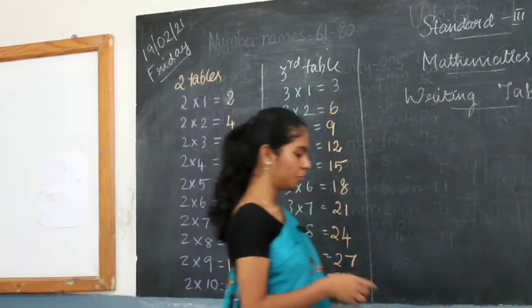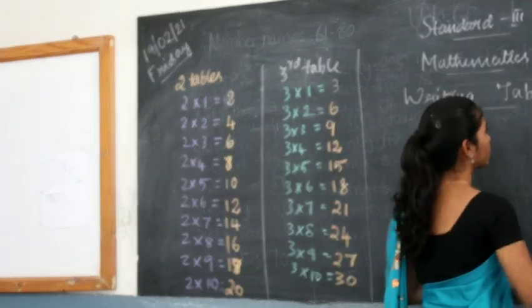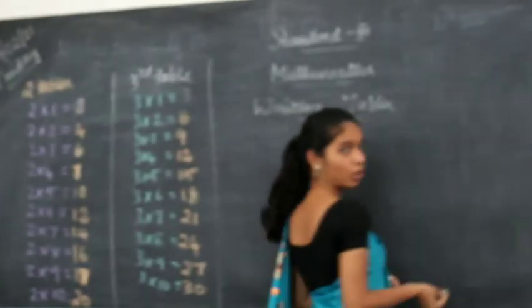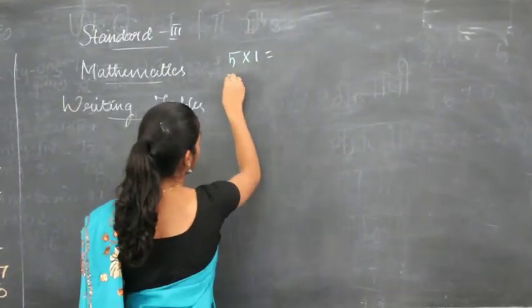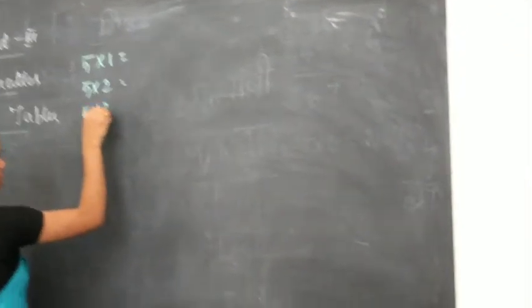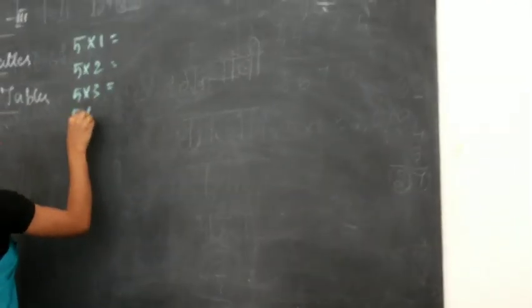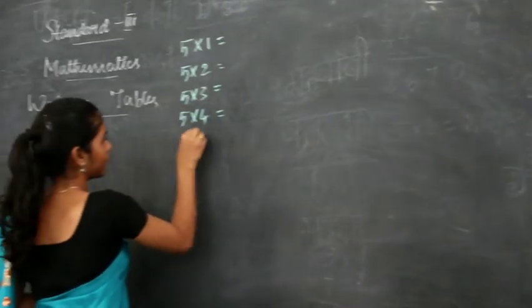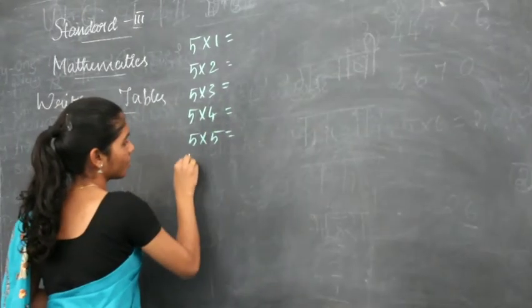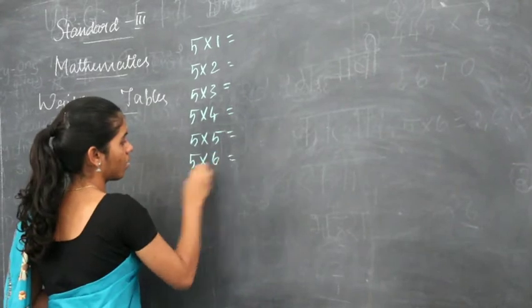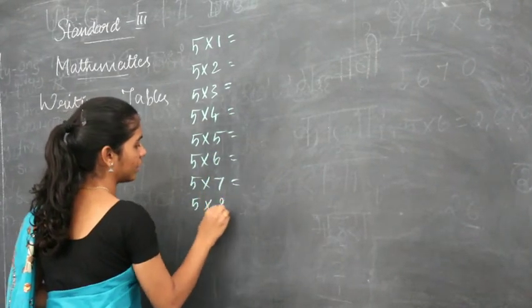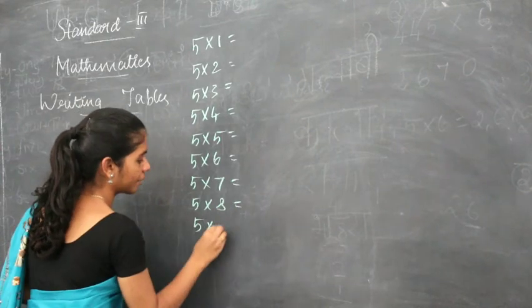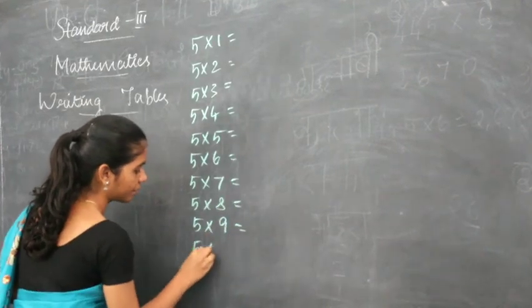Okay, now we are going to see 5th table. So first what you should do? You should write 5 ones are, 5 twos are, 5 threes are, 5 fours are, 5 fives are, 5 sixes are, 5 sevens are, 5 eights are, 5 nines are, 5 tens are.